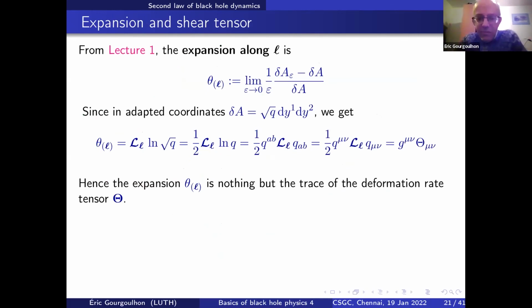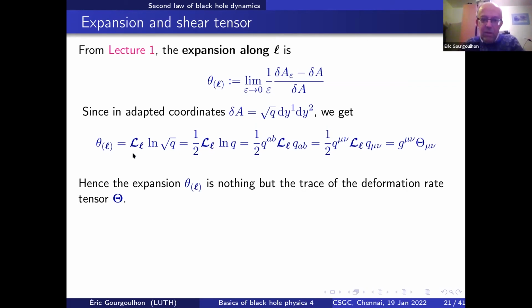Now, as I said just before, in lecture 1, we defined the expansion along L as the relative variation of the area of the cross-section. So in adapted coordinates, the area element is given by this. These are two coordinates, y1, y2, that we may introduce on the 2-surface S. And q is then the determinant of the induced metric components with respect to coordinates y1, y2.